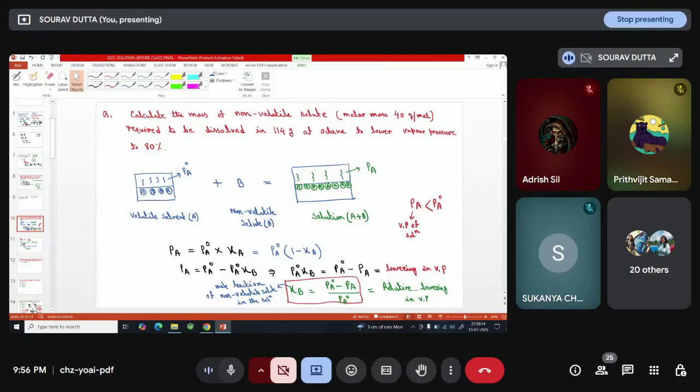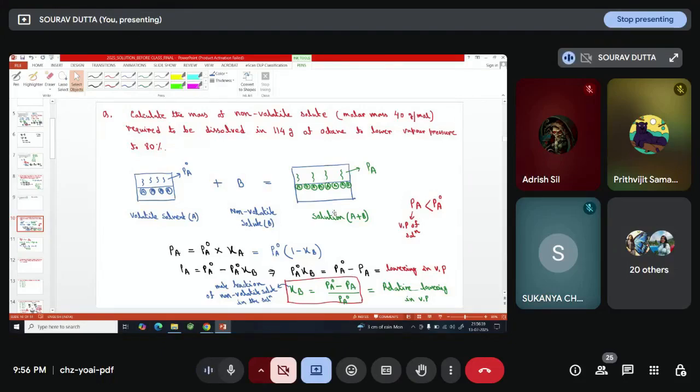Initially the A molecules present in the surface are basically responsible for vapor pressure, and those molecules will be vaporized. But now some portion of the surface is occupied by B also. The moment you add B, in your surface there are some A molecules and some B molecules also.